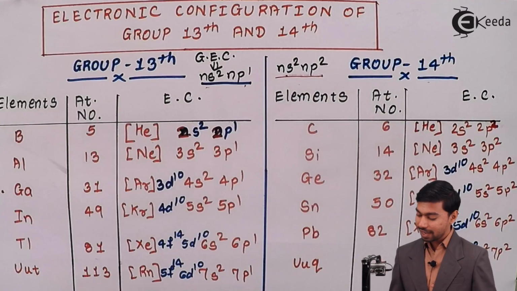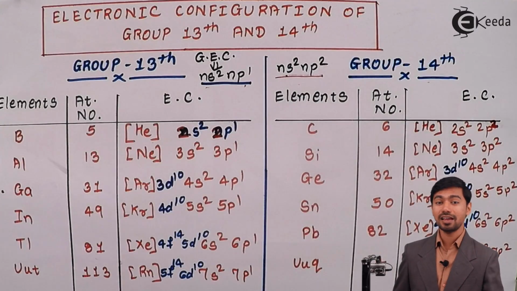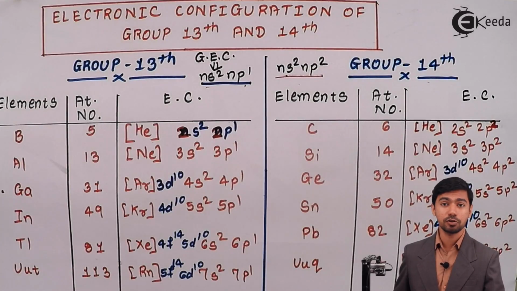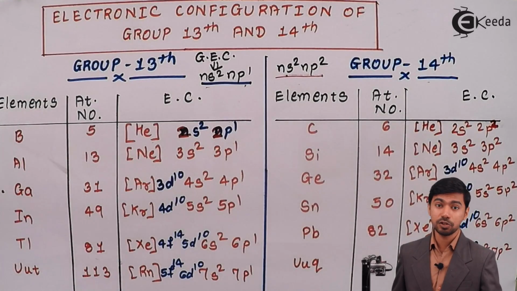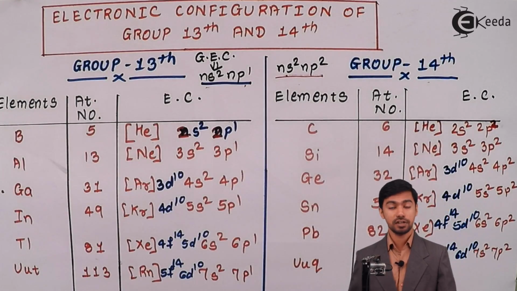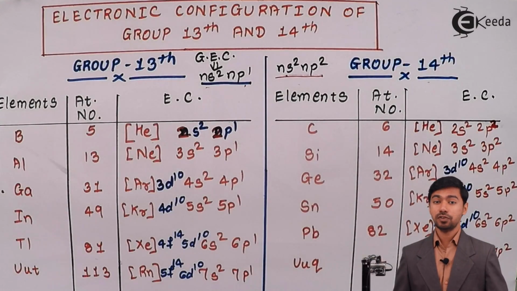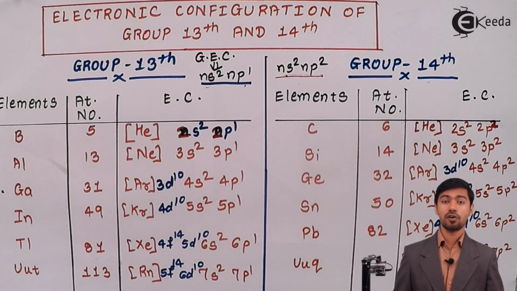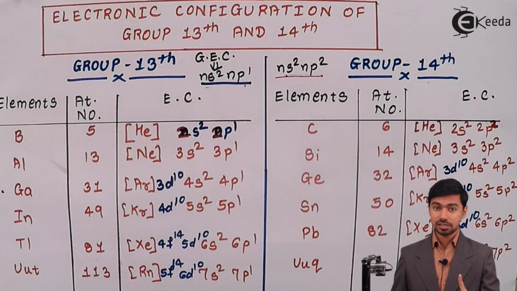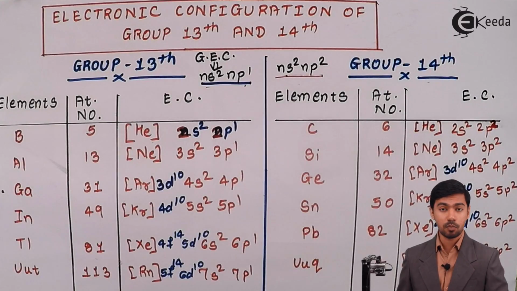That means we are completing the entire configuration of p-block elements of group 13 and group 14 by using the condensed electronic configuration rule and the general electronic configuration rule, but with some modification in those elements which come from the 4th, 5th, 6th and 7th periods. Let me remind you what the modifications are.